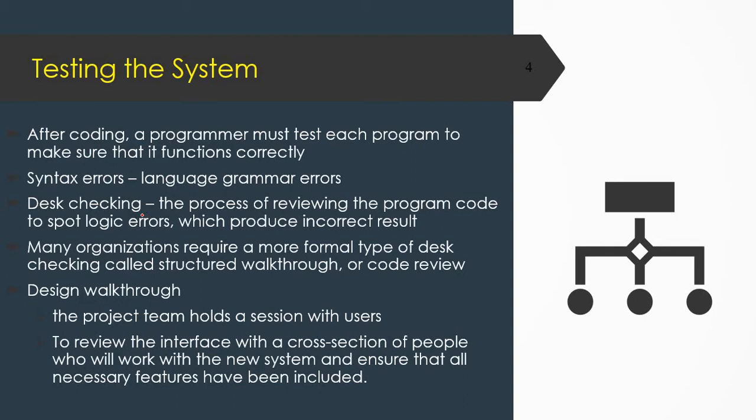So desk checking is the process of reviewing the program code to spot any logic error which produces incorrect results. This process can be performed by the person who wrote the program or by other programmers. Many organizations require a more formal type of desk checking called the structured walkthrough or code review.